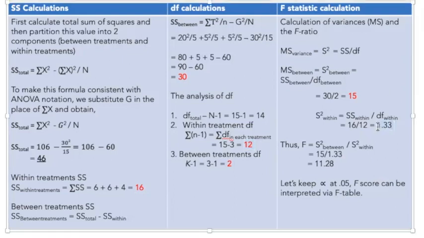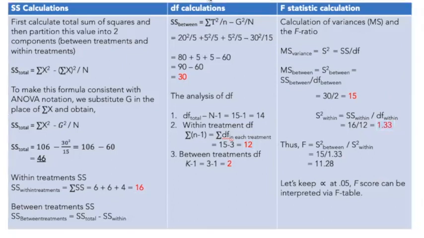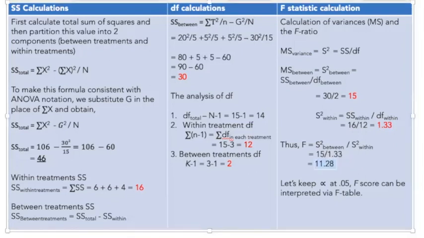Now we have that value as well. So now we can calculate the final F-score, that is variance between divided by variance within. Variance between is 15, variance within is 1.33, and the resulting answer is going to be 11.28.